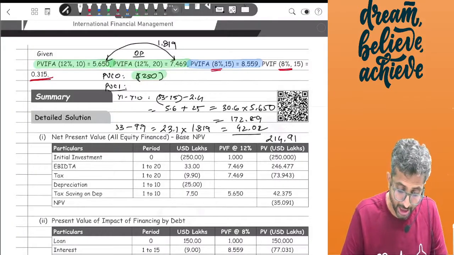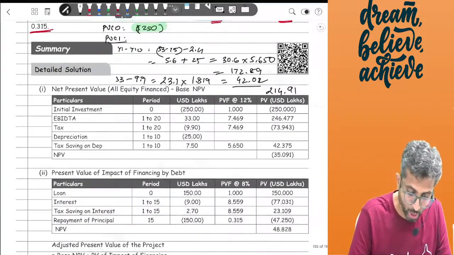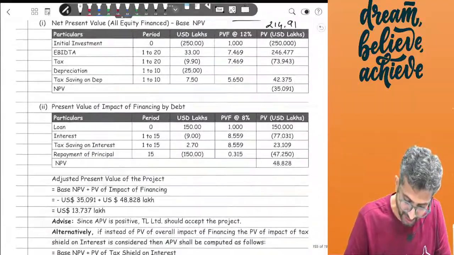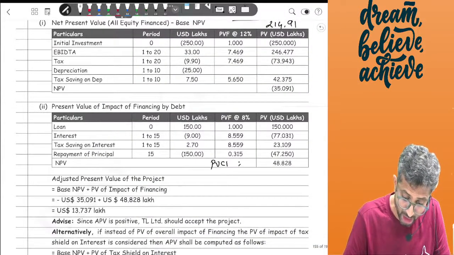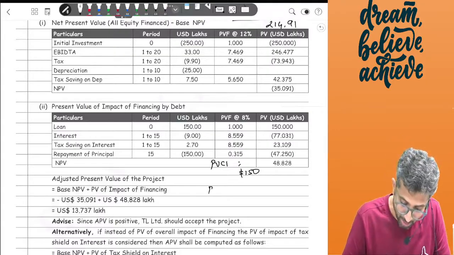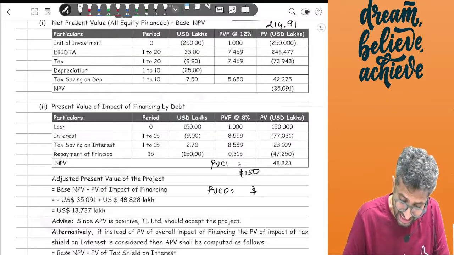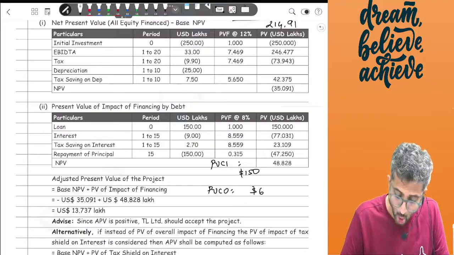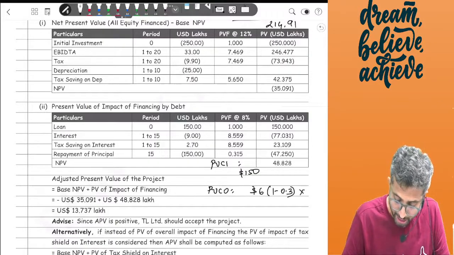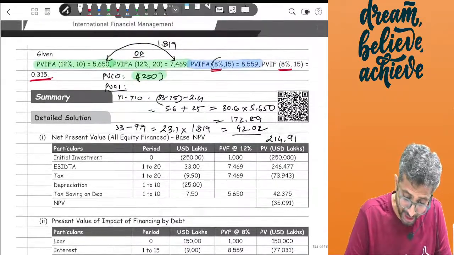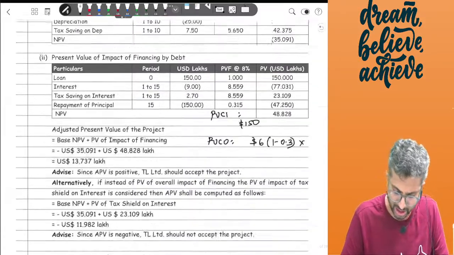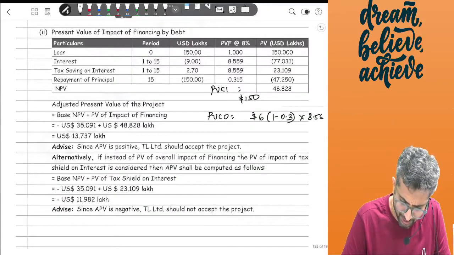Then you look at the financing leg. In the financing leg, the PVCI to start with is 150. I've received a loan of 150, but then there will be a PVCO, that is $6 of interest. On this interest, there will be a tax saving, so 1 minus 0.3, into the PVAF at the rate of 8% for 15 years, because that is given: 8.559.